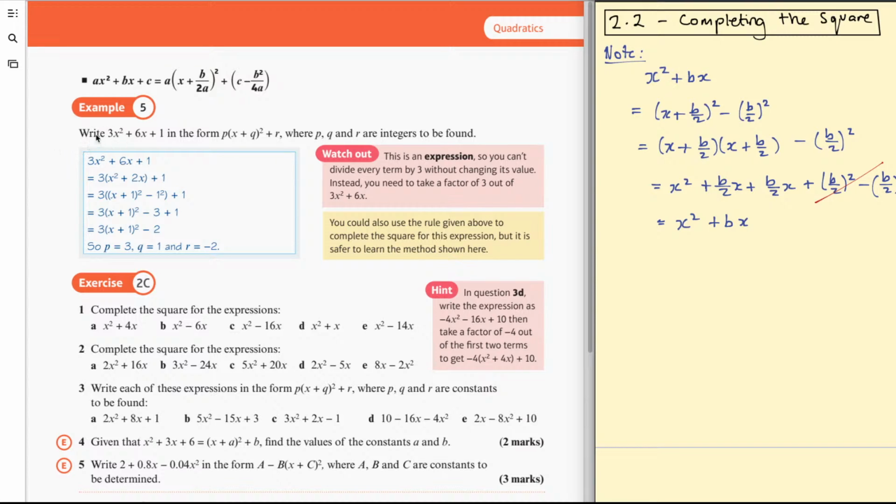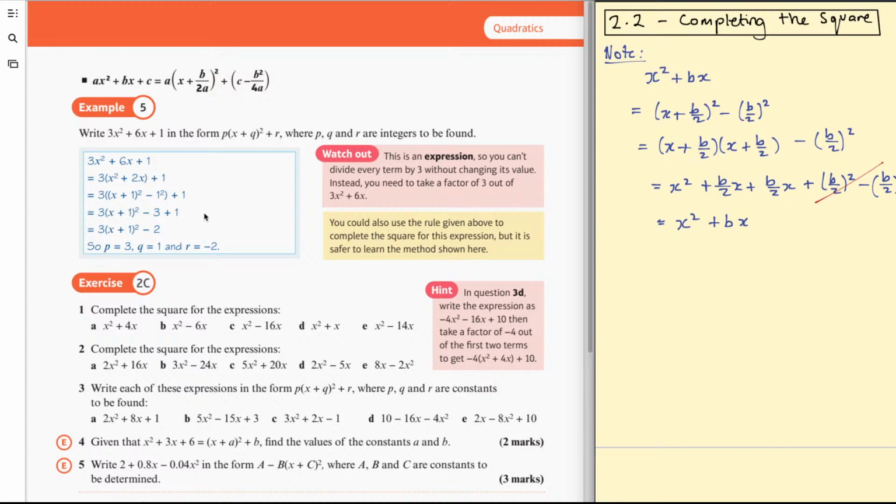So here it has another example. Write 3x squared plus 6x plus 1 in the form p bracket x plus q all squared plus r, where p, q, and r are all integers. So 3x squared plus 6x plus 1. Factorize the 3 out of those terms. So you have x squared plus 2x. Half that coefficient of x, so we have x plus 1 all squared in brackets.